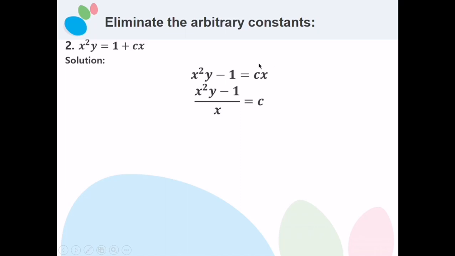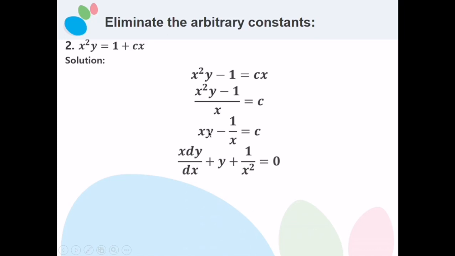I divided all terms by x. So x squared y divided by x is xy, 1 divided by x is 1 over x, equals 0, c. So this is already differentiable.